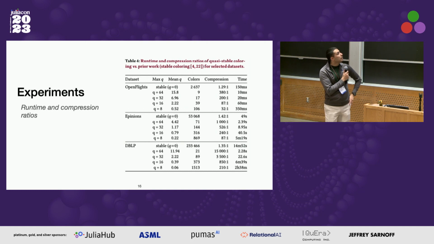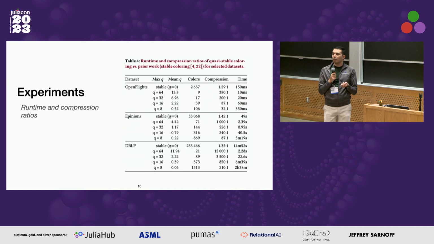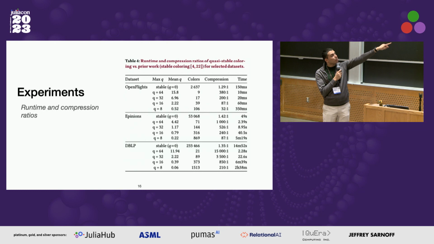And you can kind of see that even though we bound the maximum error for our theoretical guarantees, the average error is much smaller between two colors, right? So for DBLP, if we look at Q equals 8, the average error is 0.06.